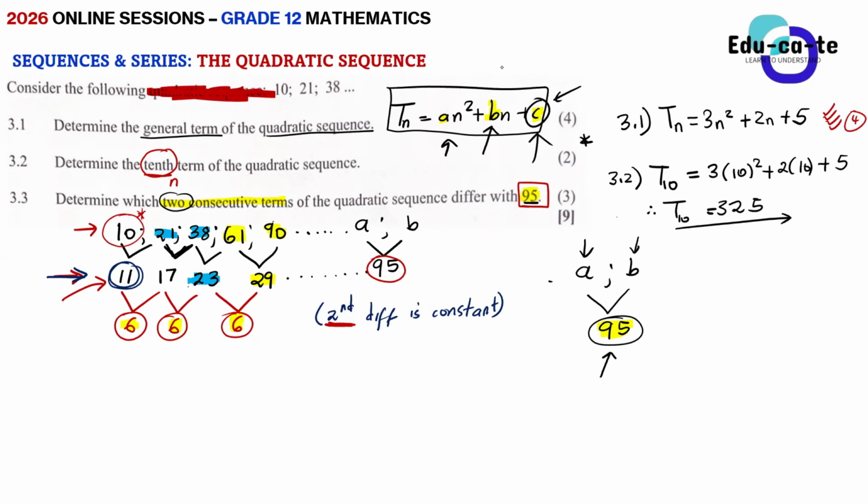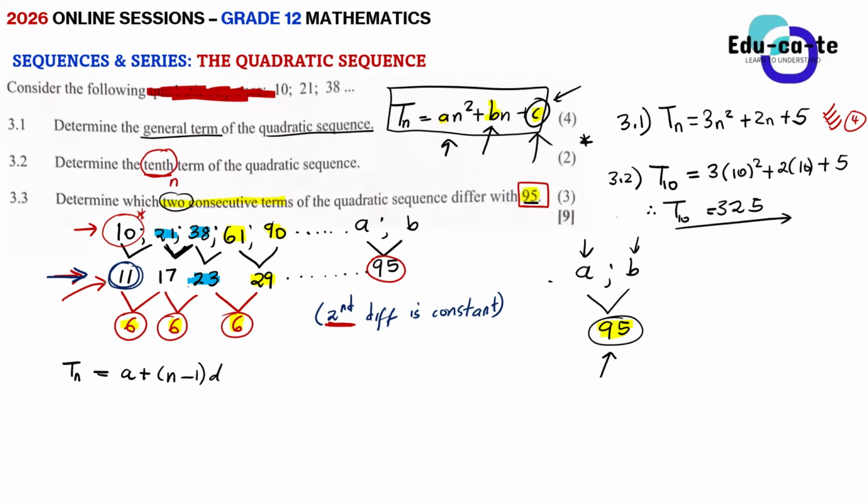You need to make use of the fact that you already know that in an arithmetic sequence, Tn is equal to a plus n minus 1 times d. Who said that this is an arithmetic sequence in the first place?